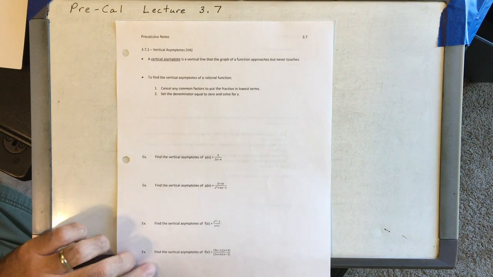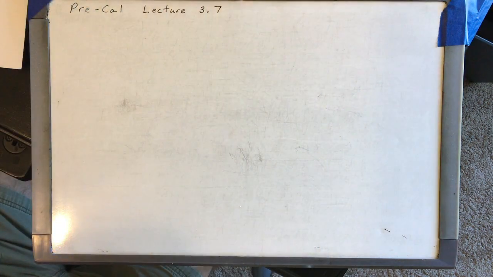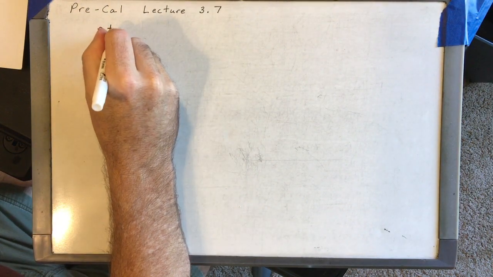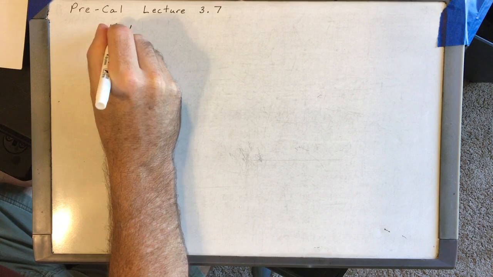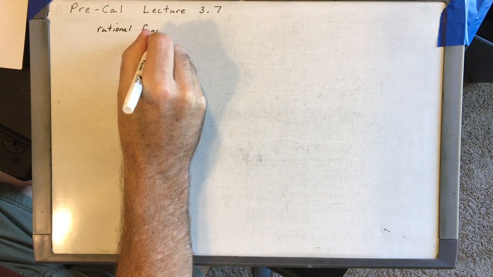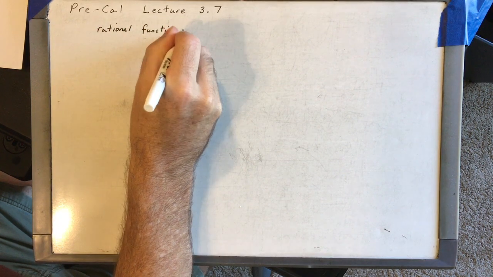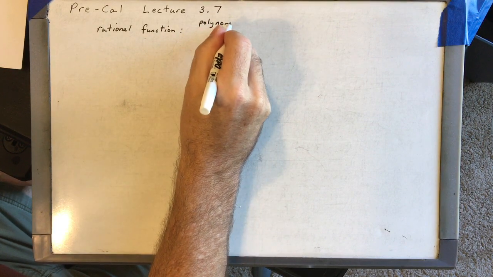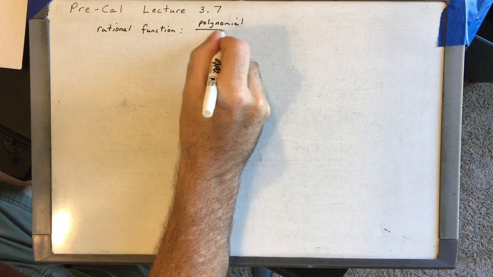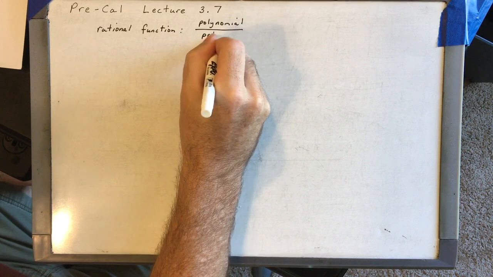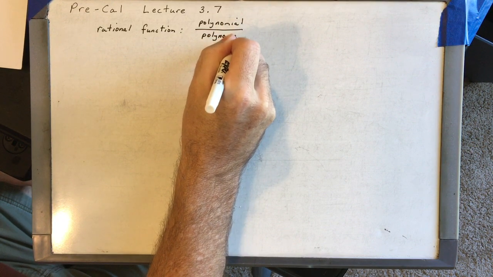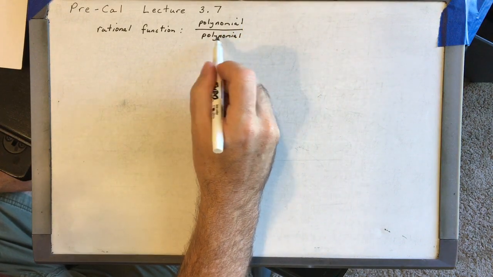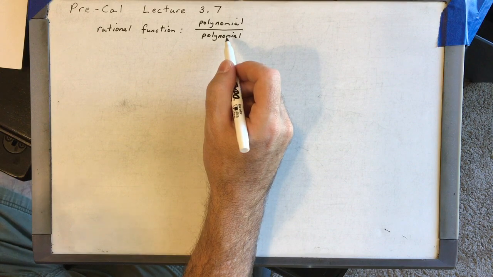Remember, when we talk about a rational function, we're talking about a fraction. So it's just a polynomial over a polynomial. And to find vertical asymptotes, we're worried about the denominator. Where's the denominator equal to 0?